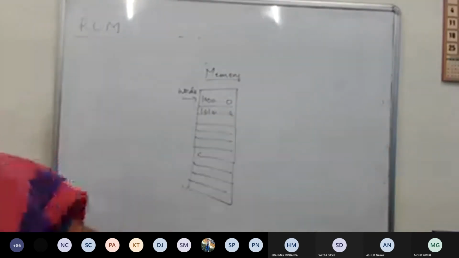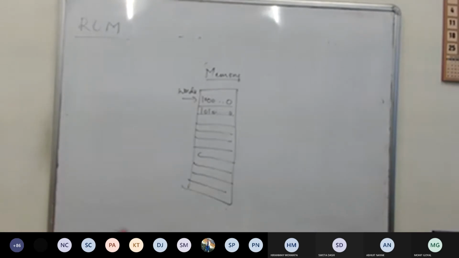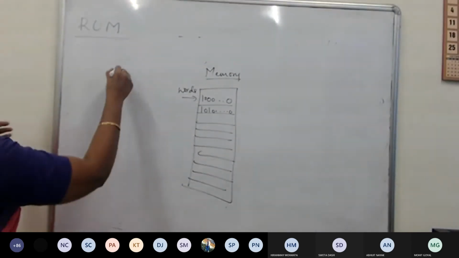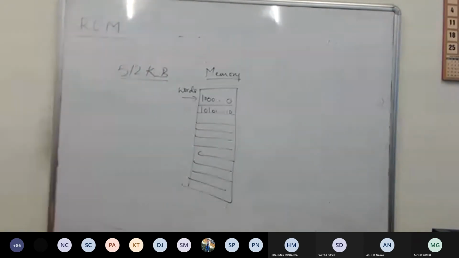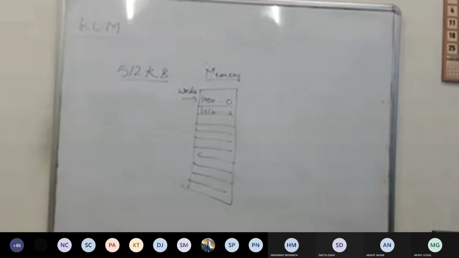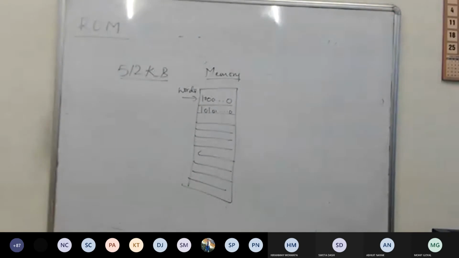Normally, you will say memory size. Is that correct? So now, can you explain what you mean by this? Because memory size you will tell. Can you elaborate? What do you mean by 512 KB?